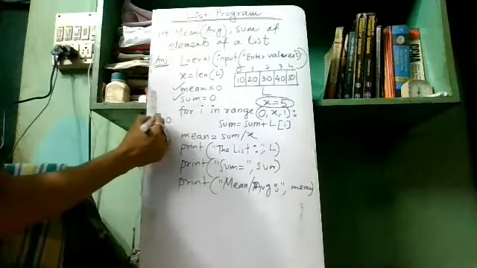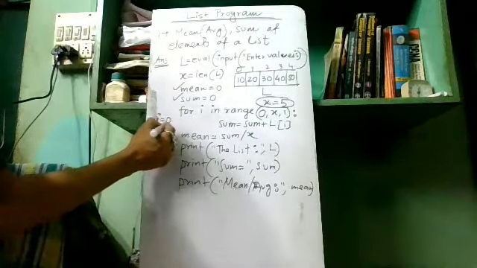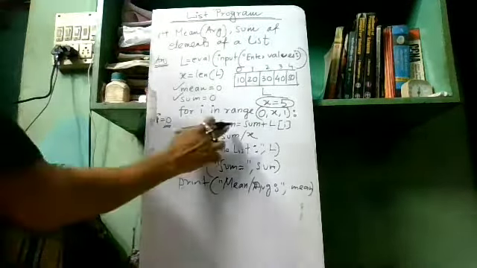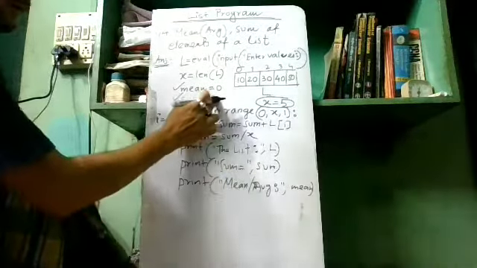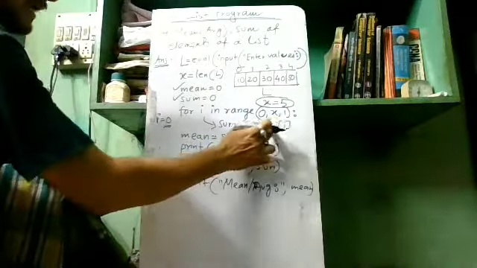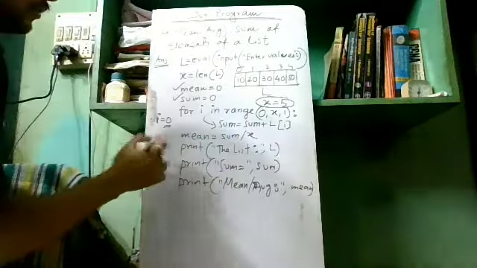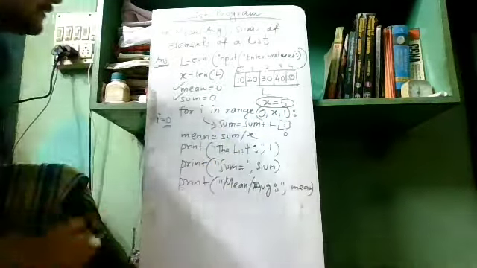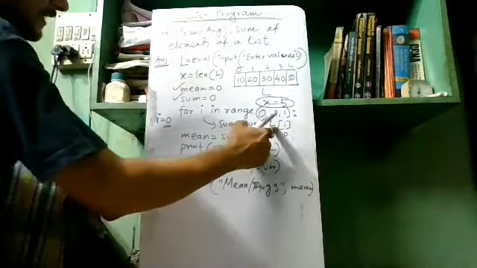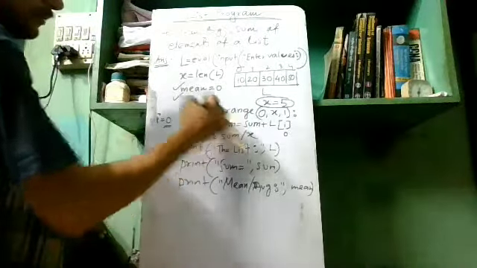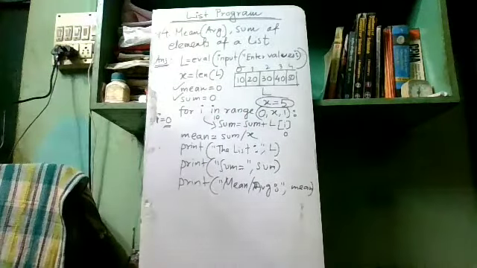First, the value of I will be 0. So we will come here. Sum is 0. So 0 plus Li, that is L0. L0 means 10. So 0 plus 10 is 10. So now sum is 10.